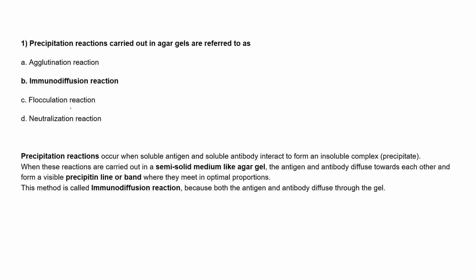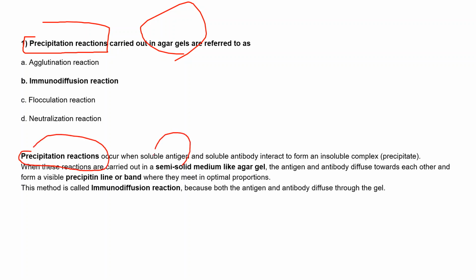What is this immunodiffusion? In the question they ask that precipitation reaction carried out in agar gel. So what is this precipitation reaction? It occurs when the soluble antigen and the soluble antibody both interact and form an insoluble complex, because it's not fully soluble, that's why it will form precipitate.